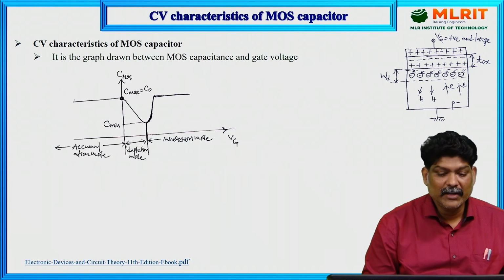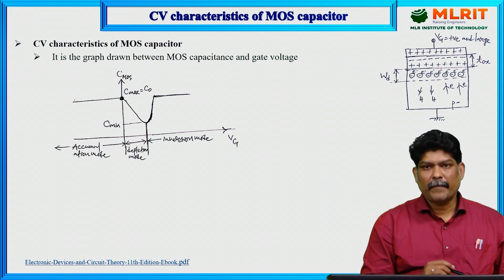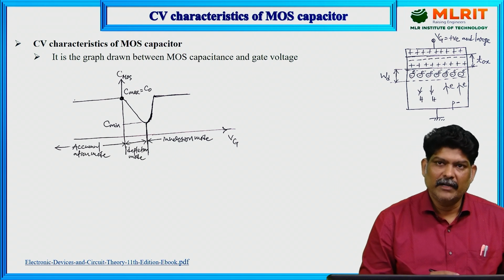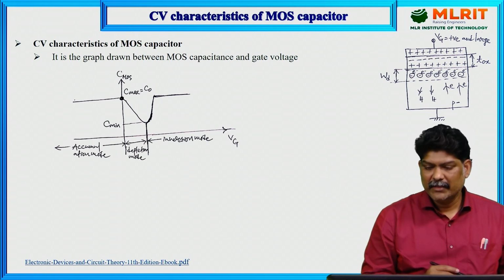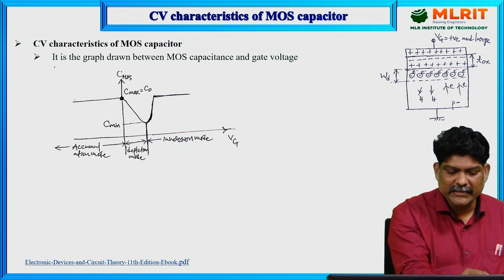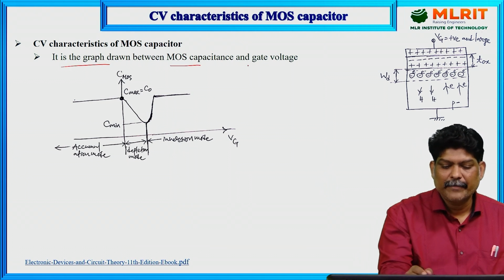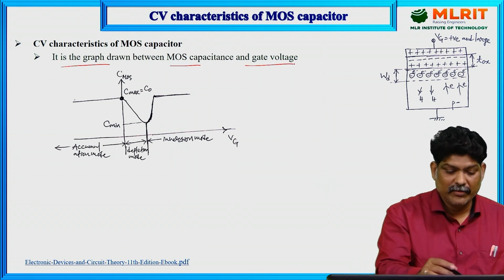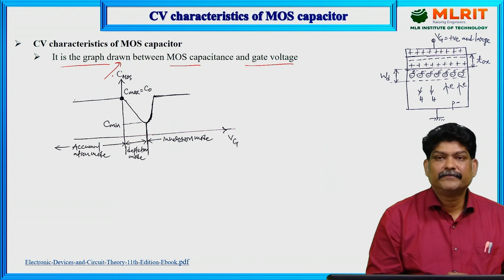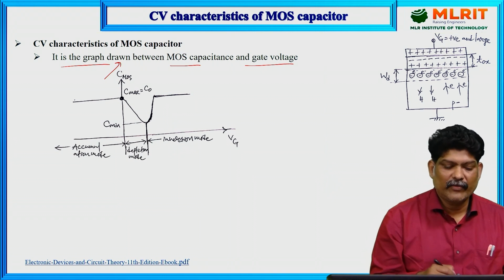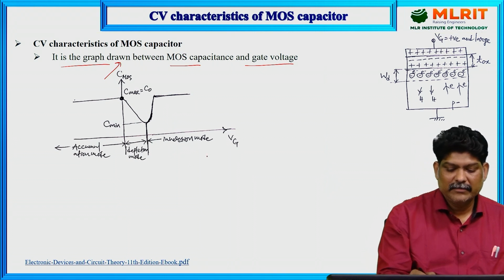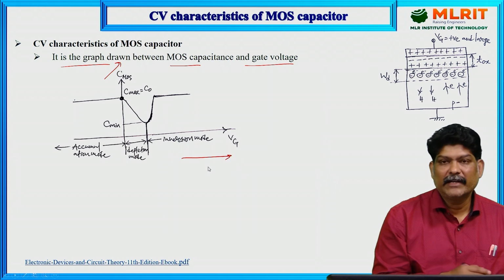Coming to the CV characteristics, capacitance versus voltage. Here is the graph drawn between MOS capacitance and gate voltage. We take MOS capacitance on the y-axis and gate voltage on the x-axis.